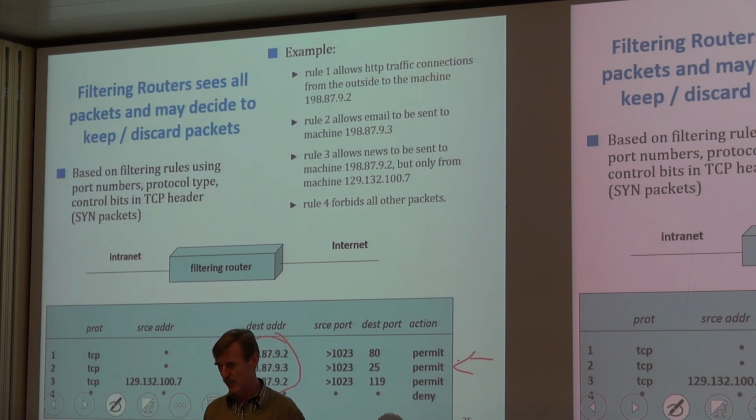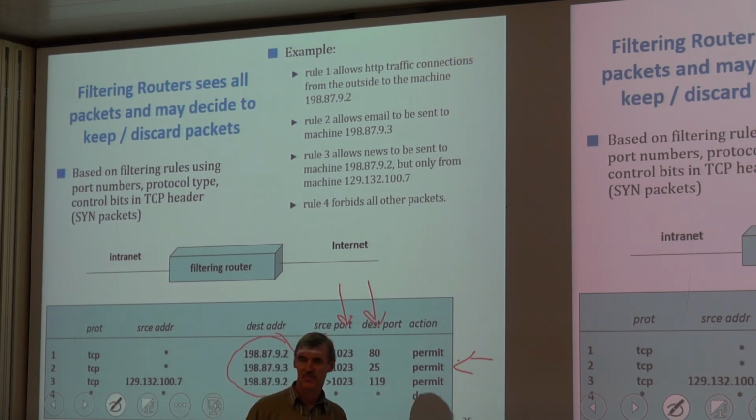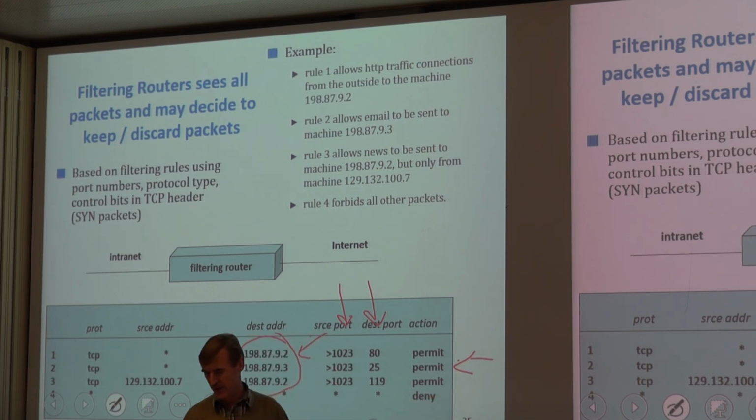So here is, for example, a rule in the filtering router that says anything that goes to that machine, 9.2, has a source port that is typically a non-reserved port, so used by a client, and goes to destination port 80, web server, is permitted. And there is another rule that says deny everything else.